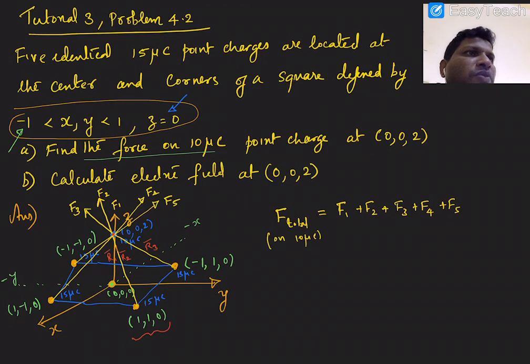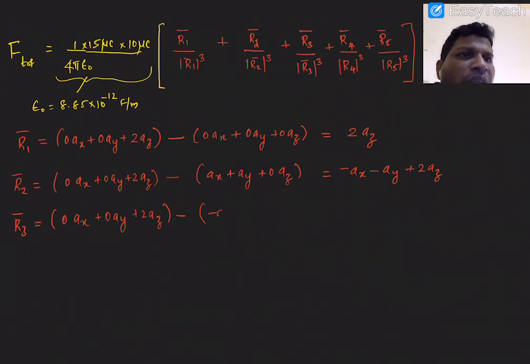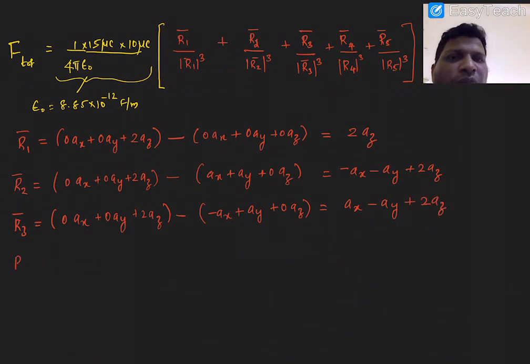It is minus 1, 1, 0, so minus ax plus ay plus 0 az. This will give you ax minus ay plus 2 az.